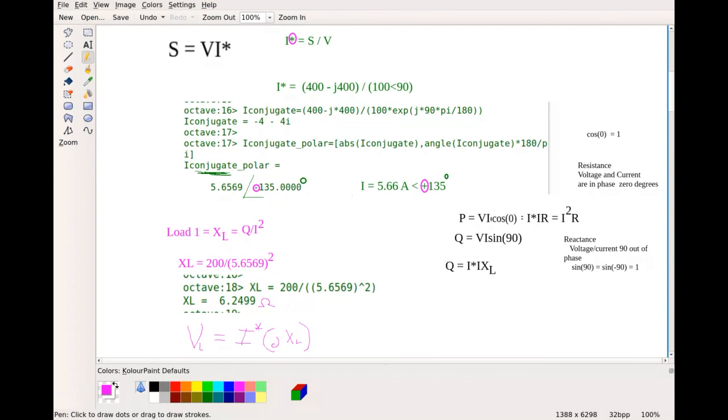And then if we wanted to calculate, I need to put that in polar form. What was my current?